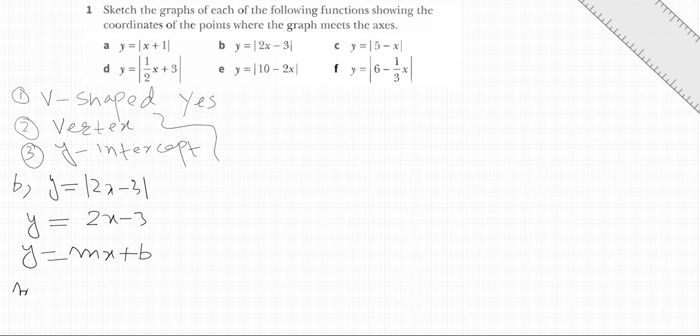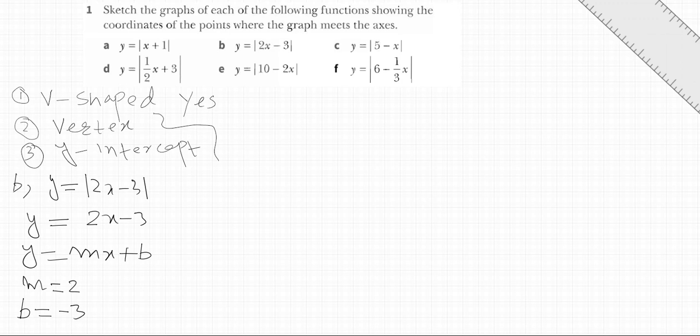Our gradient is 2. And what is our y-intercept? Y-intercept means b. So the y-intercept is minus 3 in this case.